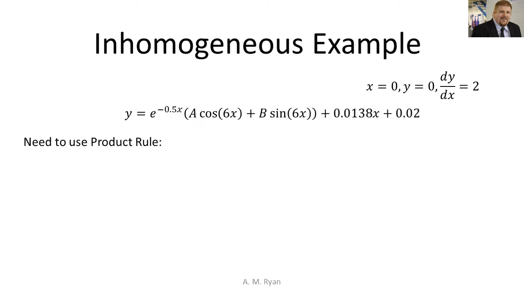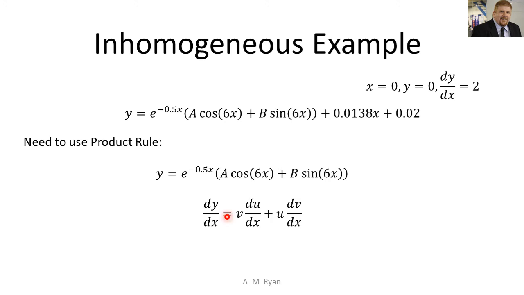So what we need to use is the product rule. The product rule says that the differential of y with respect to x is v times du dx plus u times dv dx, where u is one of the functions and v is the other function.